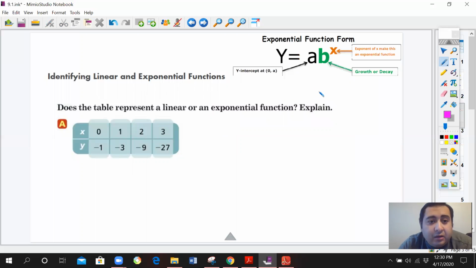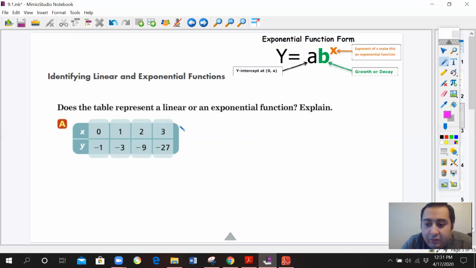All right. So here we have a sample table, and it's asking, does the table represent a linear or exponential function? And we need to explain why. So let's notice this. Our table is going by 0, 1, 2, 3, and -1, -3, -9, -27.